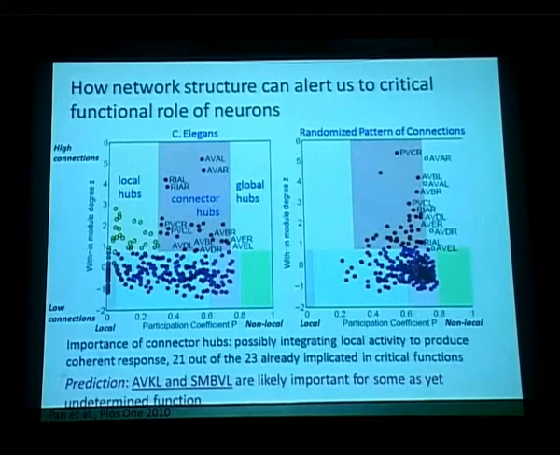So what we had shown from this work is that the structural analysis can actually help us identify components which are really critically important. One of the predictions that we have made is that AVKL and SNBVL are important neurons.